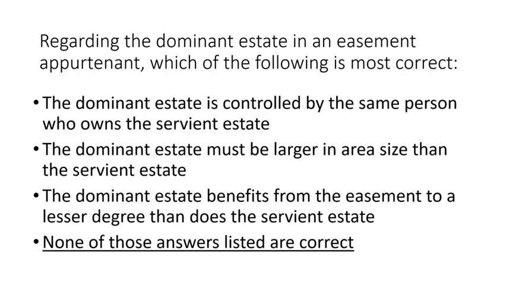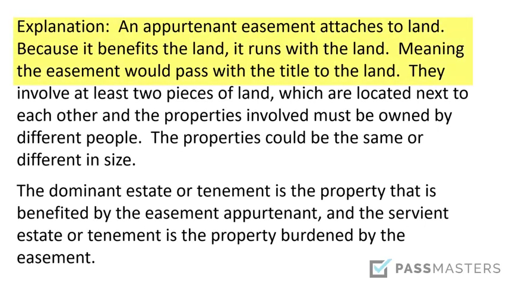Let's take a look at this explanation, get a better understanding. An appurtenant easement attaches to land. Because it benefits the land, it runs with the land, meaning the easement would pass with the title to the land. So giving you a better example of an easement appurtenant, they have these easements referred to as easements by necessity, which are issued to pieces of land that are landlocked, meaning that piece of land has no access to public roads.